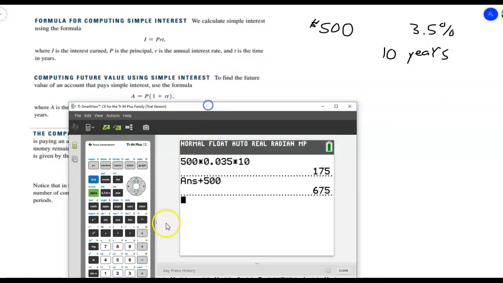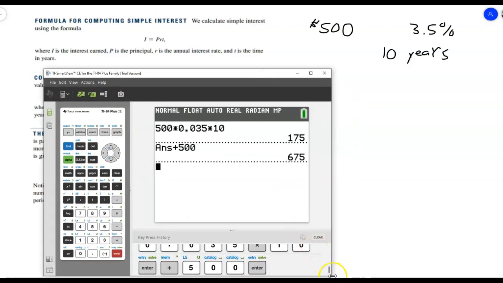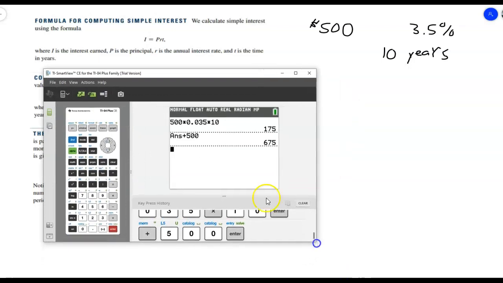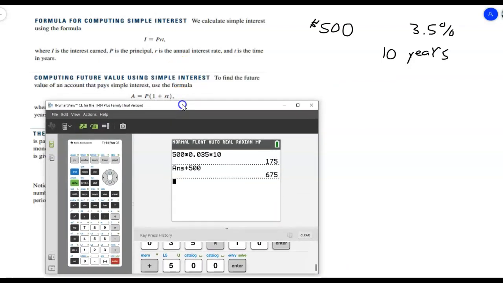A equals P, which is 500, times the quantity 1 plus R, which is 0.035, times T, which is 10 years.